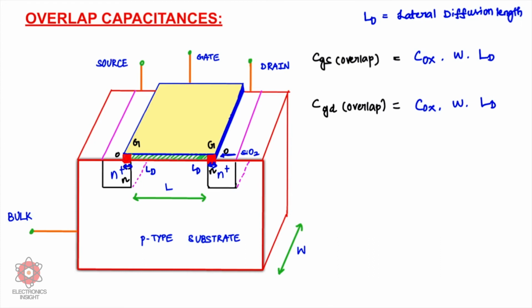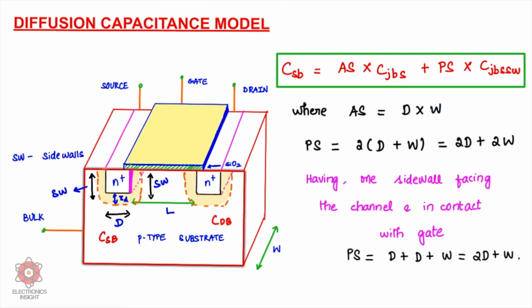Now we will move on to the last portion of capacitances, which are the depletion or diffusion capacitances of the MOS transistor. We have the diffusion capacitance model here, where the diffusion or depletion capacitance, as we sometimes call it, is based on the depletion regions that are surrounding the source and the drain side. The formation of the depletion region is a very usual procedure until we apply a positive gate voltage.